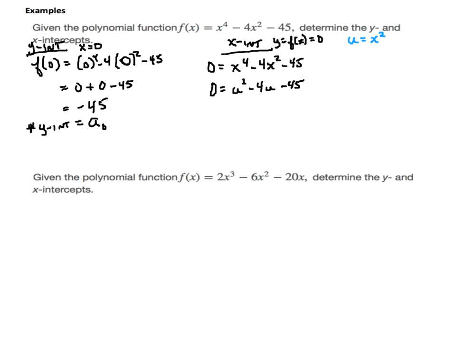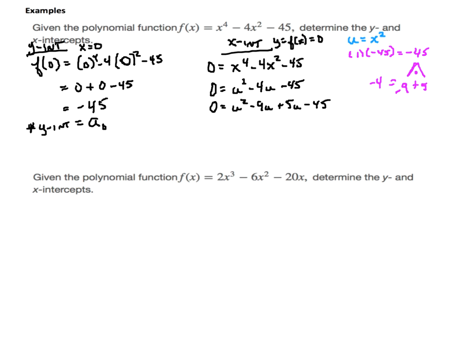It's factorable, so I believe it's factorable. Yes. So A times C, 1 times negative 45 equals negative 45. And I'm looking for what multiplies to make negative 45 but adds to make negative 4. And that is negative 9 and positive 5. I rewrite. So I have 0 equals u squared minus 9u plus 5u minus 45.